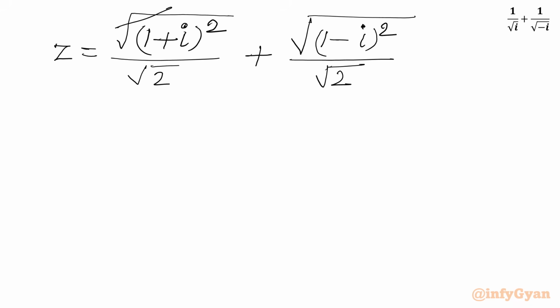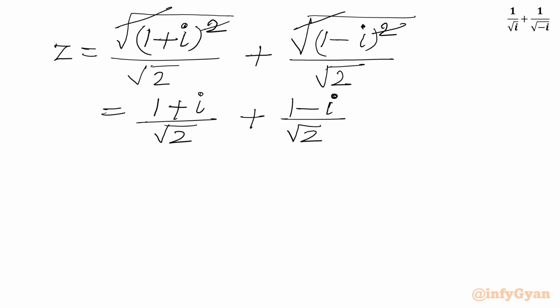Now square root and square will be cancelled out. So we can write 1 plus i over root 2 plus 1 minus i over root 2, with common denominator root 2. We will add 1 plus i with 1 minus i.